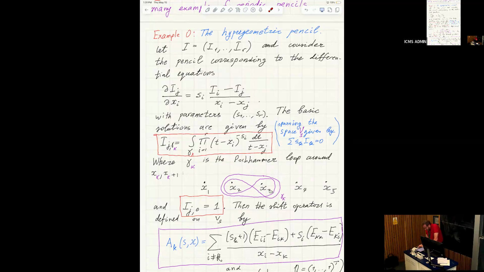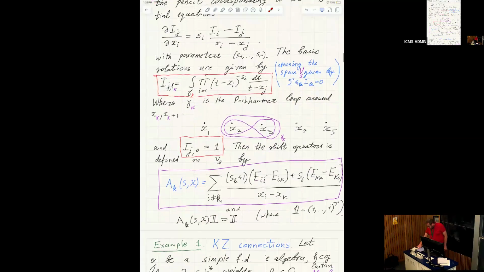And gamma is a cycle, for example. The basic cycles are these Pochhammer loops, which is a commutator in the fundamental group of the loop around x_i and the loop around x_{i+1}. And then there is also a solution where all I's are 1. That's a trivial solution, and these trivial solutions and the non-trivial solutions given by the formulas above form a basis.